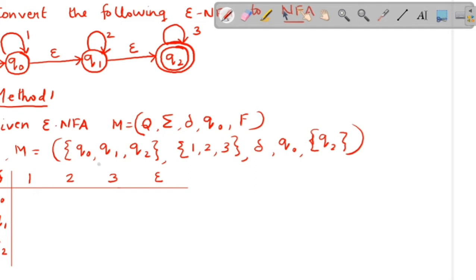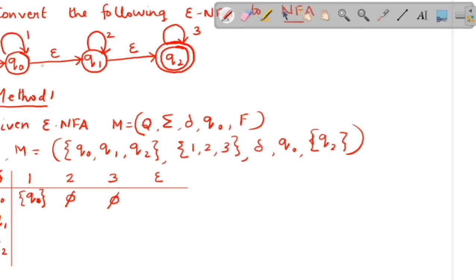Mark the initial state and final state. For Q0, on input symbol 1, it goes to the state Q0 only. So Q0 to Q0 over the alphabet 1. Then delta of Q0, 2 has no transition, that is null set. Delta of Q0, 3, no transition, null set.